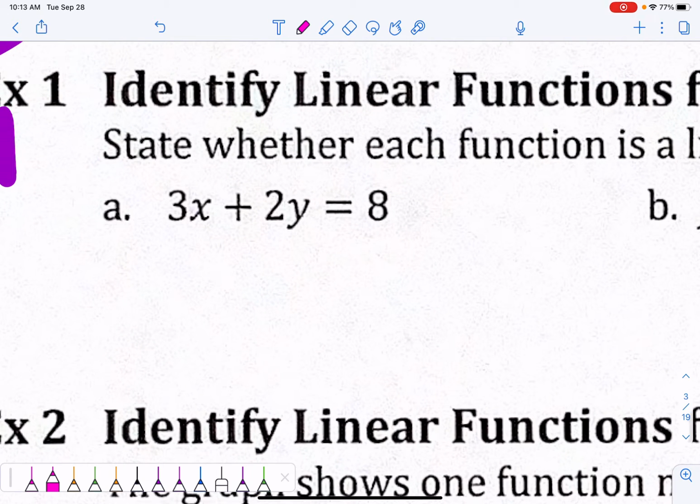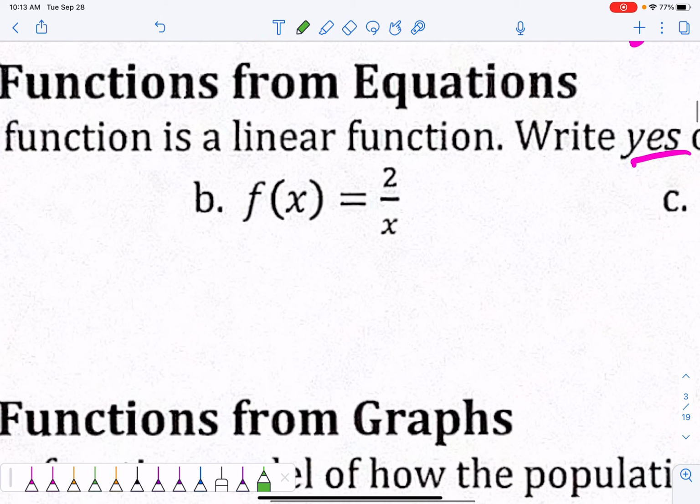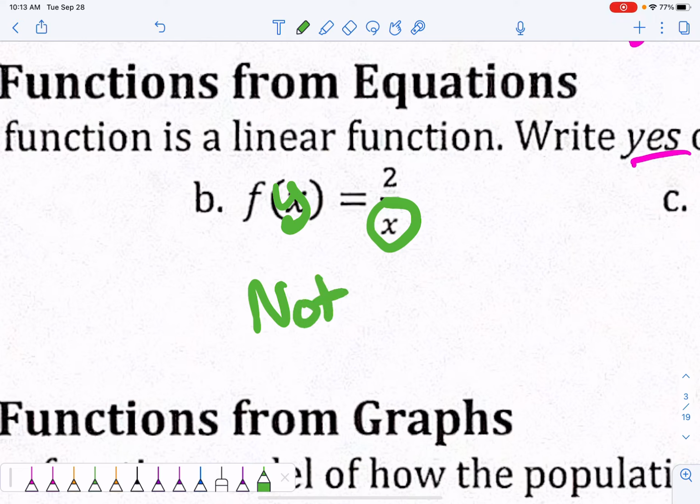A, 3x plus 2y equals 8. That is not in slope-intercept form, but it is linear. So, yes, linear. You can just put yes, but I'm going to put yes linear. Okay, yes, it's linear. So nothing bad is occurring with that. B, f of x, which is just a fancy way of saying y equals 2 over x, but we don't want variables in the denominator, so not linear.